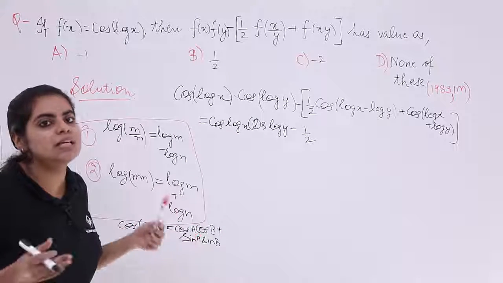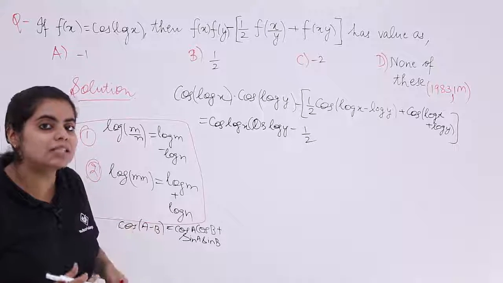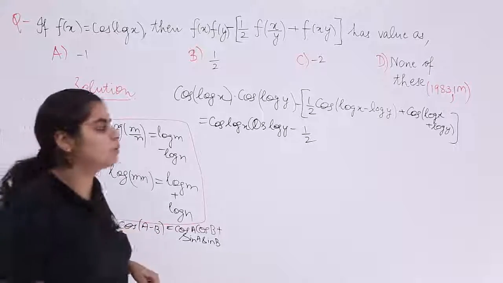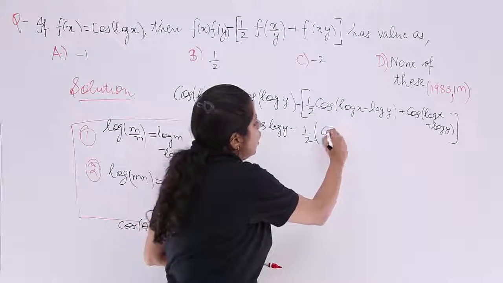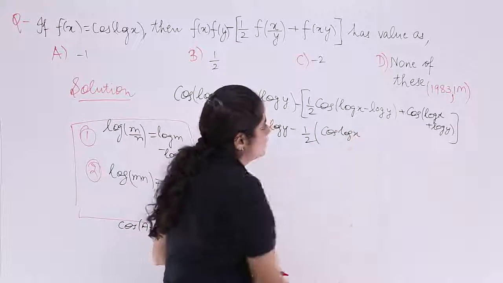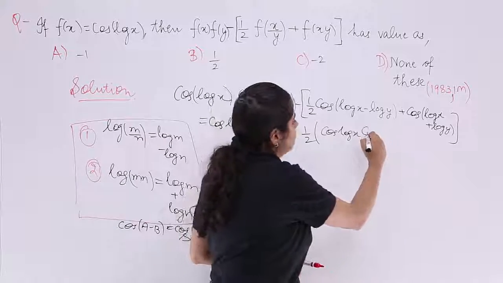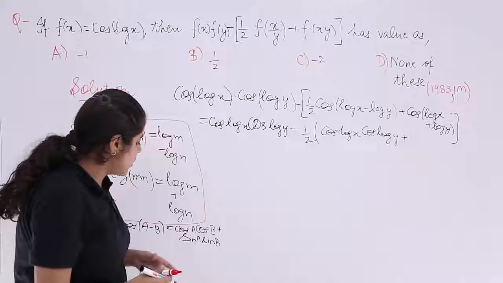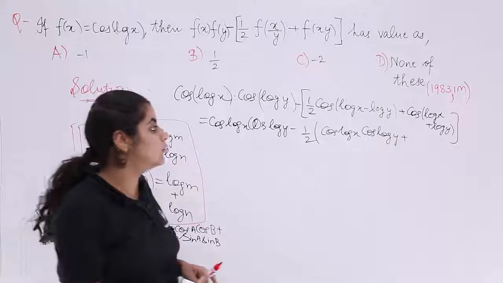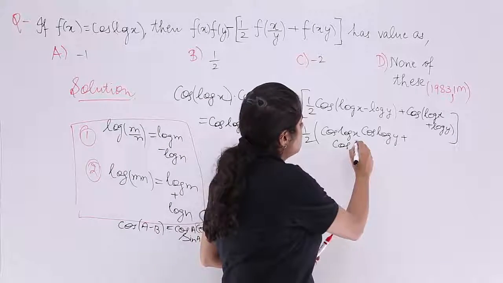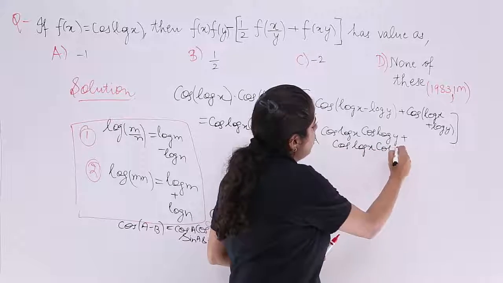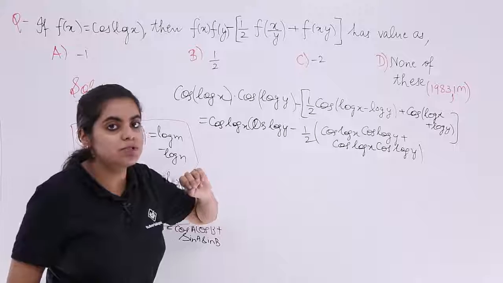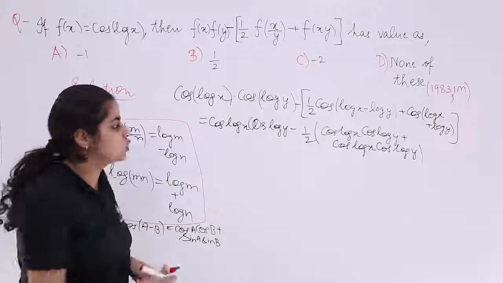And the terms of sin log x, sin log y and minus sin log x, sin log y would cancel. You will be left with cos log x, cos log y, plus again from the second formula the same term would be left as cos log x, cos log y, and since both are the same terms, you have 1 plus 1, that makes 2.